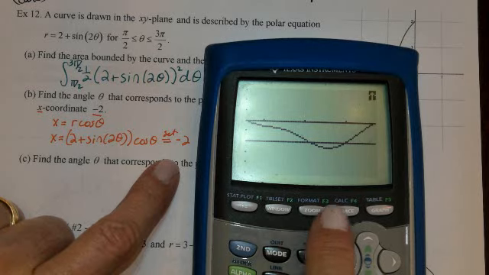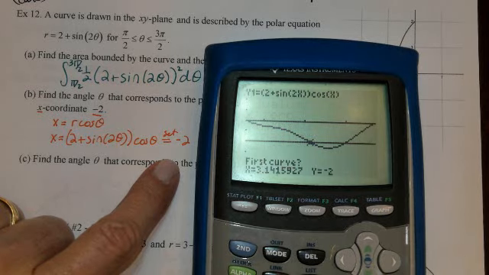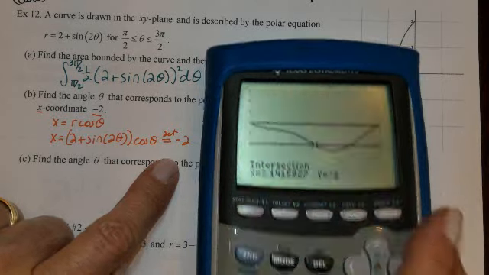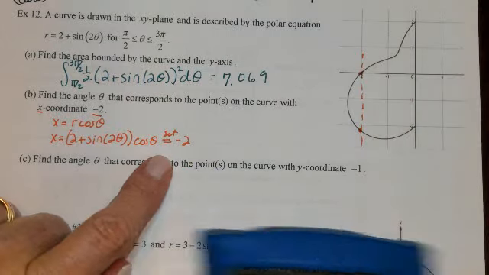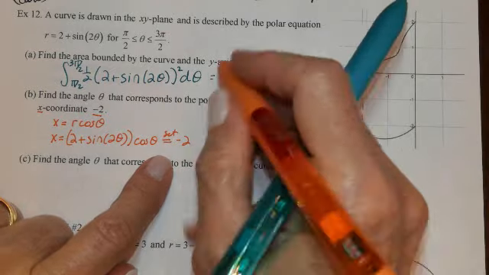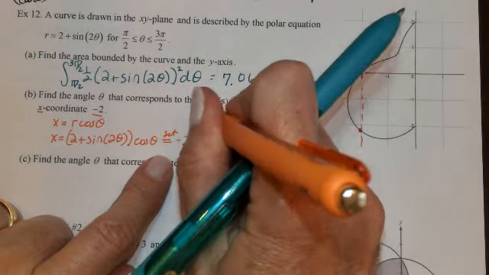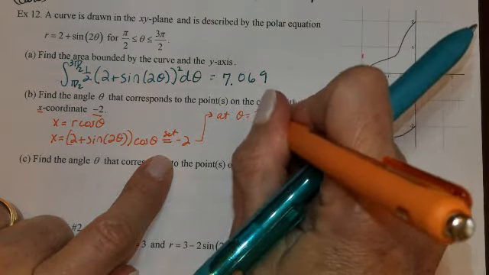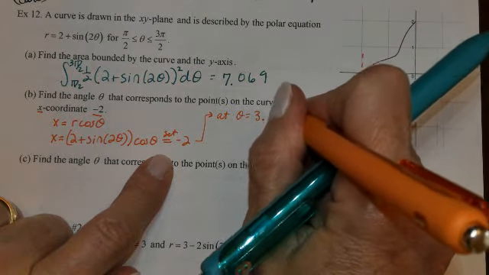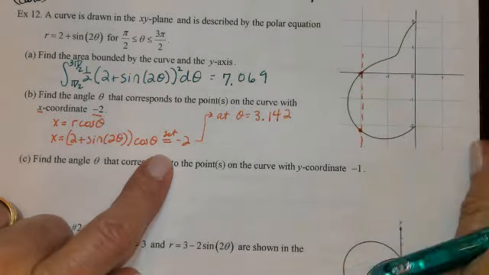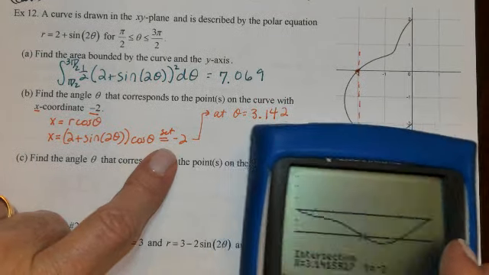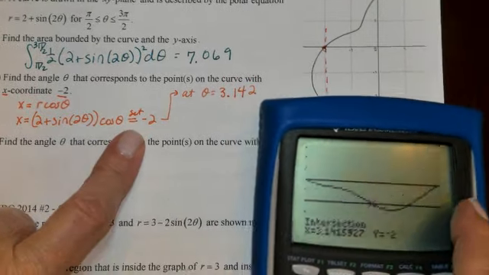So I just need to find where they intersect. Second calc 5, enter, enter, enter. And sure enough, that's pi. So visually it looked like pi, and it is pi. So I'm going to say theta is equal to, and I'm just going to round it to 3 decimal places. But if you put pi there, that's fine, because your answer will be correct to 3 decimal places.